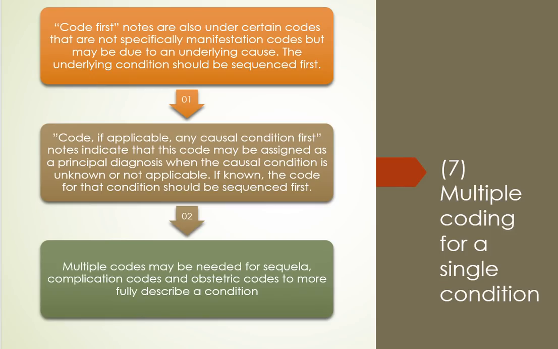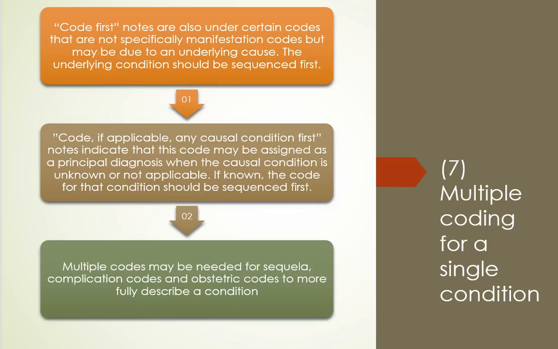Next up, guideline number 7, multiple coding for a single condition. Now, remember in our section 1A video, we looked at guideline 1A13. That guideline focused on etiology and manifestation conventions.